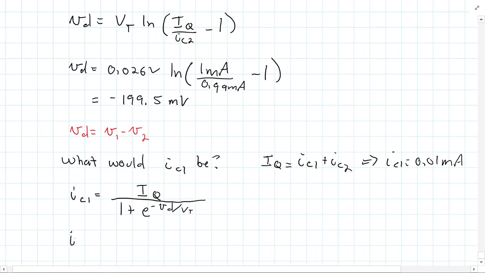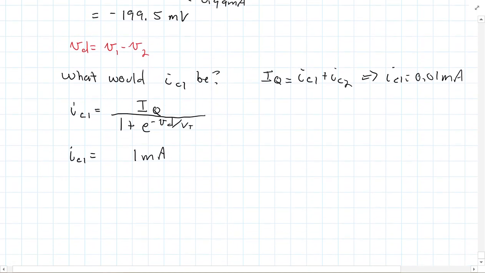And so if we use that equation here, we'd get 1 milliamp divided by 1 plus e to the negative, let me be careful here, negative 0.1195, because I converted it to volts, divided by 0.026.